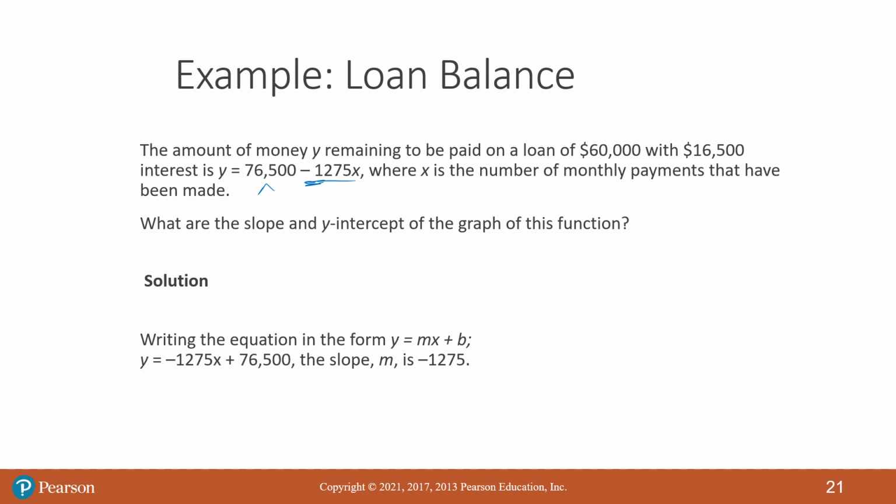Technically in y-intercept form, the slope term needs to come first with your variable, and the y-intercept needs to come second. So if we rewrote it, we would have y equals negative 1,275x plus 76,500, meaning that the slope m is negative 1,275, and the constant term 76,500 is the y-intercept, your b.